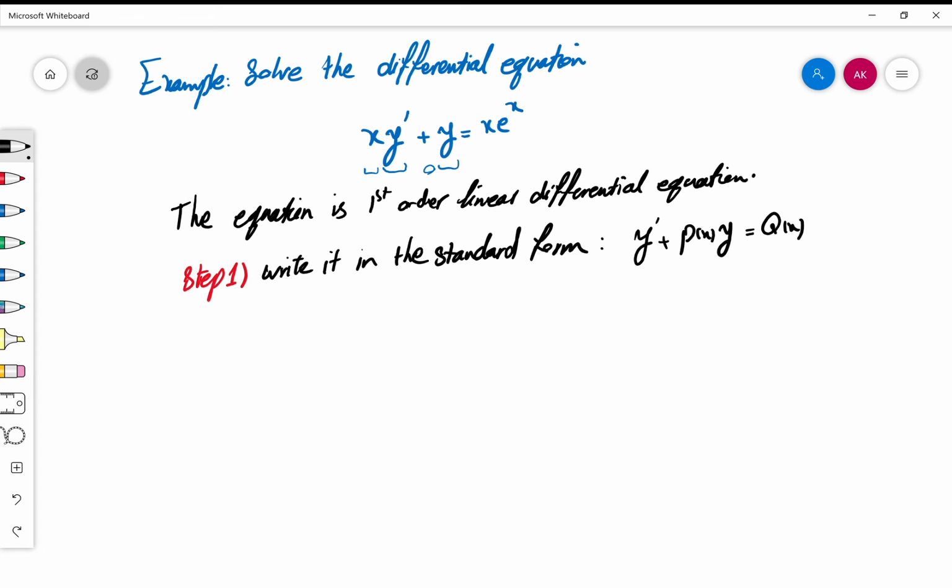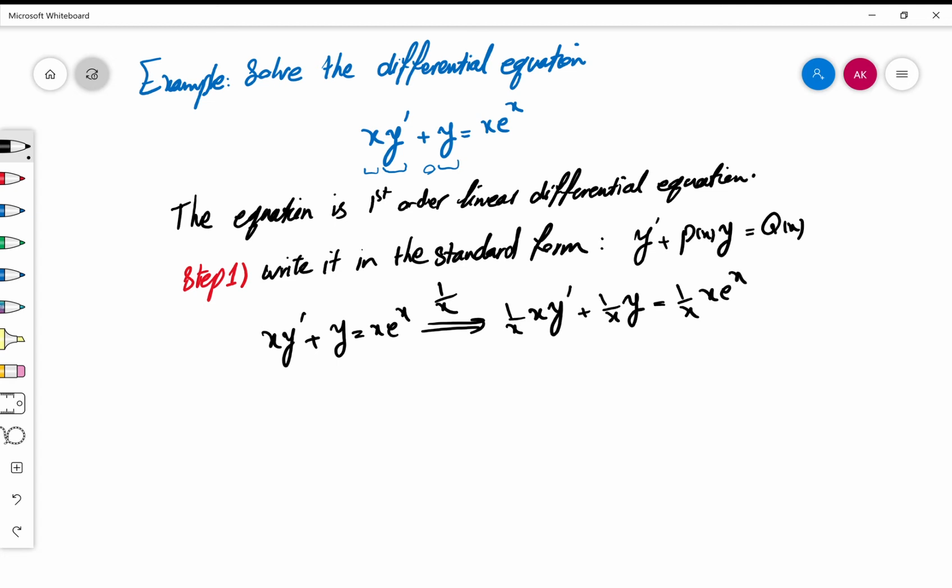Here I have an x multiplied to y prime. So if we divide the whole equation by x, or multiply the whole equation by 1 over x, we will have 1 over x times x y prime plus 1 over x times y equals 1 over x times x e to the power x.